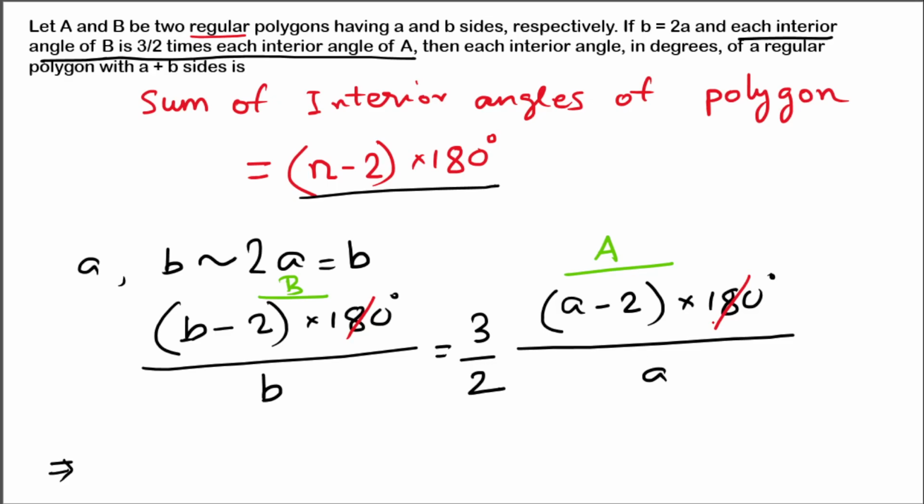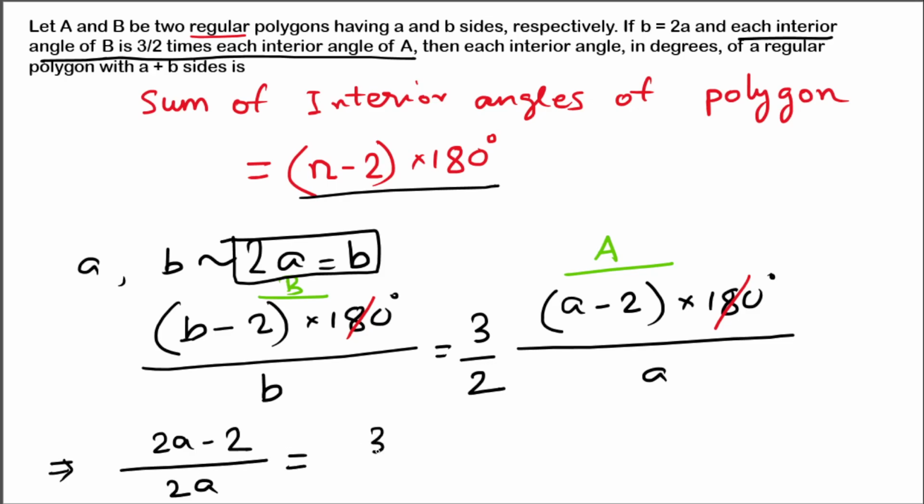After that, we replace using the equation 2A equals B. So this is 2A minus 2 by 2A, times 3 by 2, equals A minus 2 by A. Now this 2A gets cancelled by this 2 and this A.